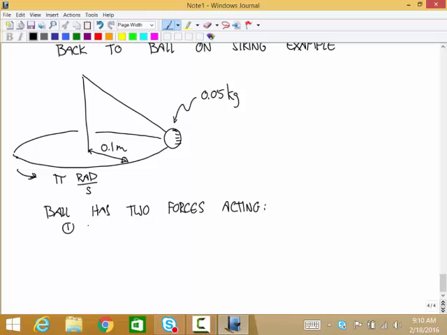The first one is the weight, and the second one is a force vector applied by that string.